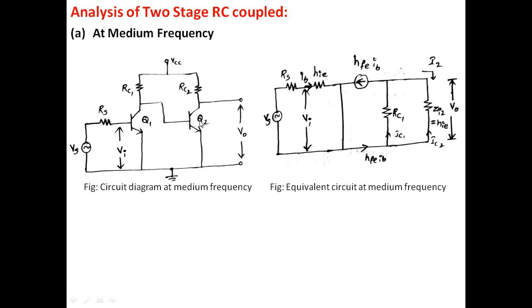Now the input impedance of stage 2 acts like a load, and the output is given as an input for stage 2. This RC1 comes in parallel with the input impedance of stage 2, which is Zi2, and which is also equal to HIE, just the same as in the first stage, assuming that all the transistors have the same input impedance. HIE here, and here also it is HIE.